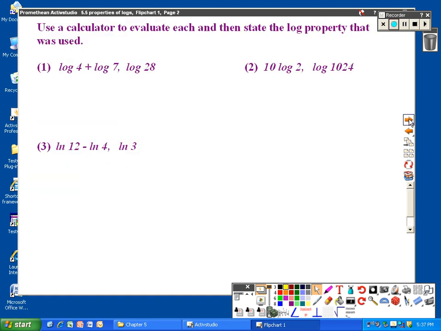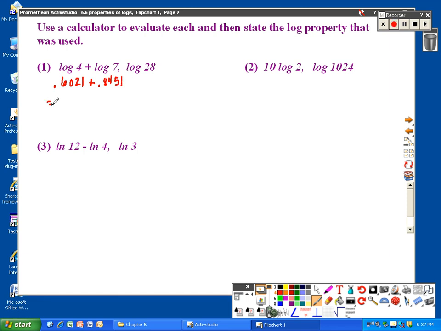So let's go ahead and try some. This says use the calculator to evaluate each and then state the log property that was used. In other words, if I punch in my calculator log 4, I get 0.6021, plus log 7 is 0.8451.